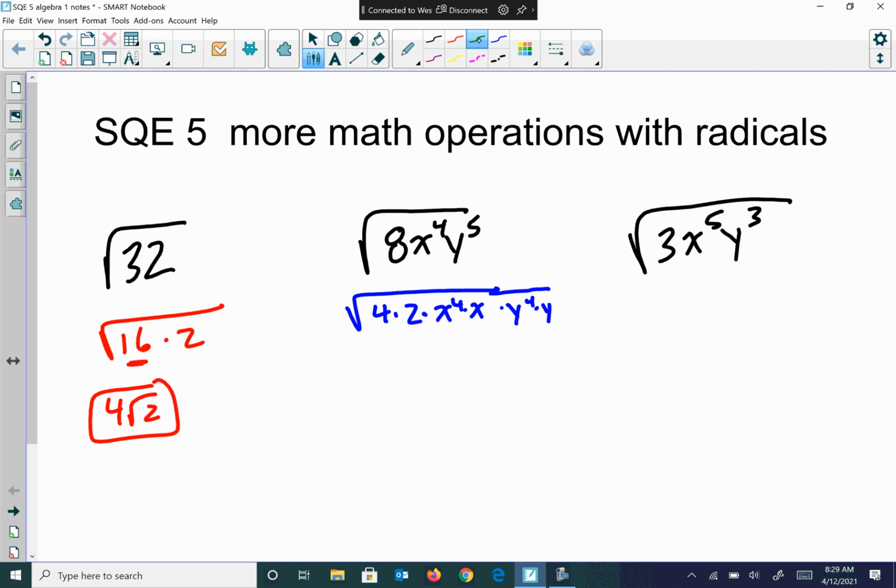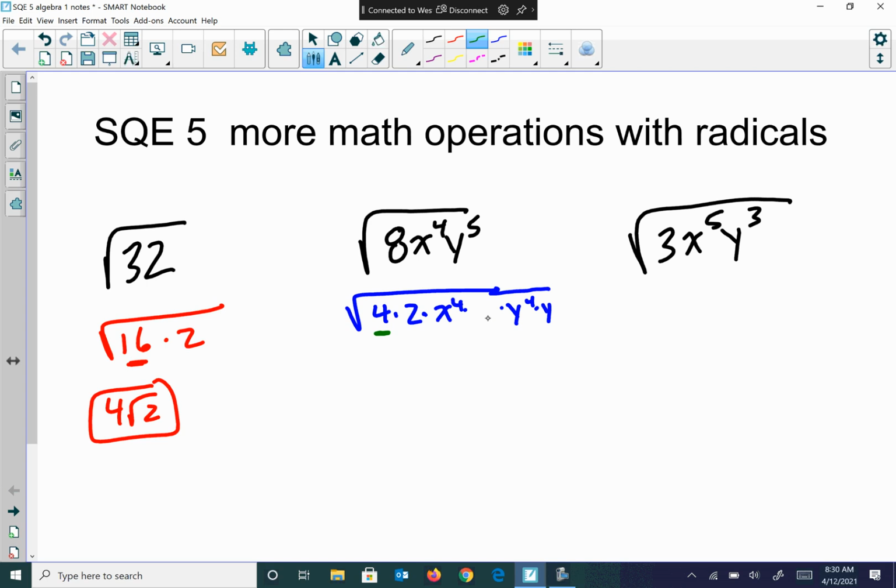Cool. All right, so friends, perfect square. What's the square root of 4? 2.